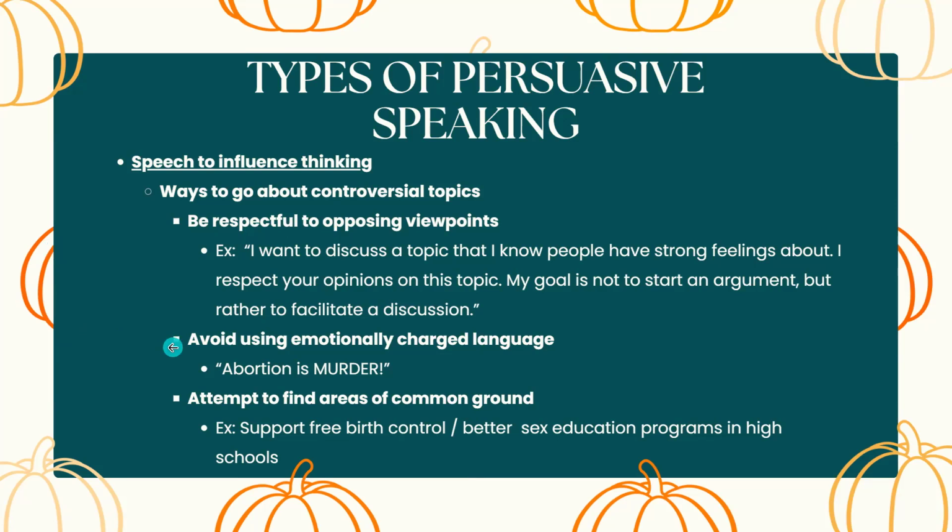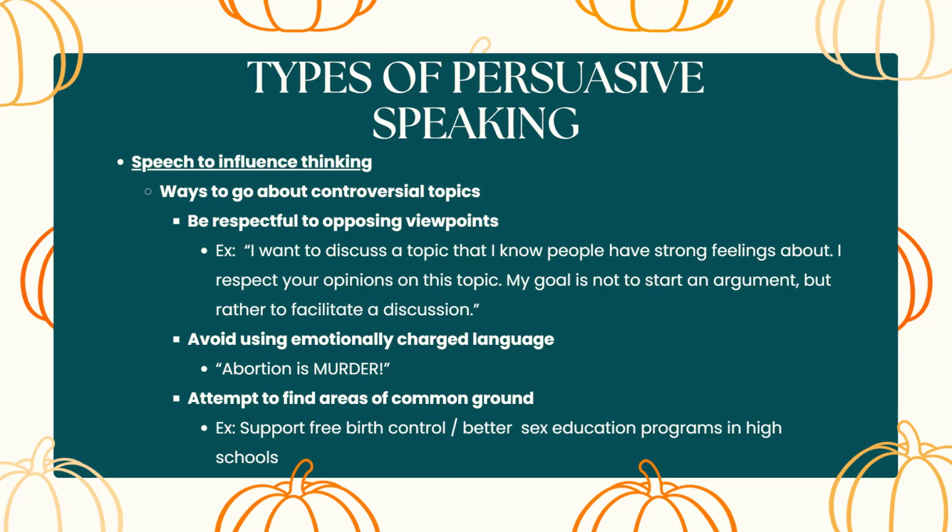Our second way is to avoid using emotionally charged language. Oh my gosh. In your speech, if you say abortion is murder, oh my gosh. I know we are trying to be persuasive and I know I'm biased, but we talked about using language well.